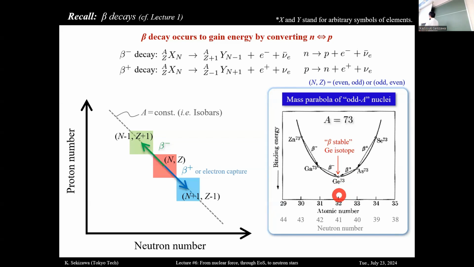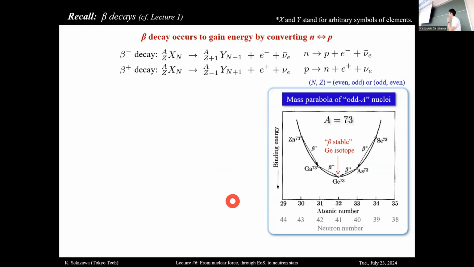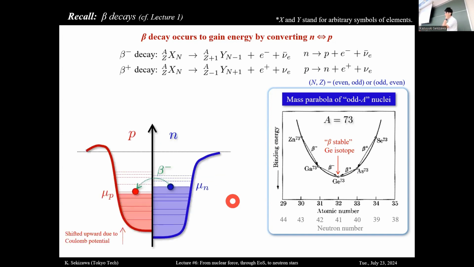So through beta minus decay or beta plus decay, those nuclei try to become more stable nuclei. And naively thinking, it is related to the neutron and proton chemical potential. In the case of neutron-rich nuclei, we have a higher Fermi energy for neutrons.